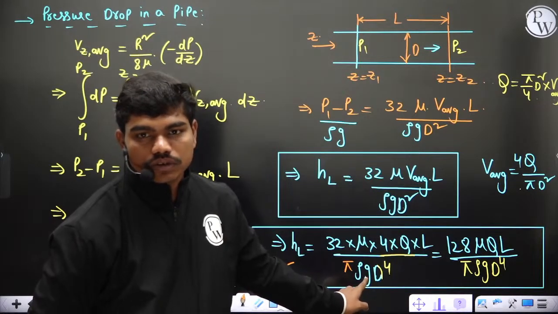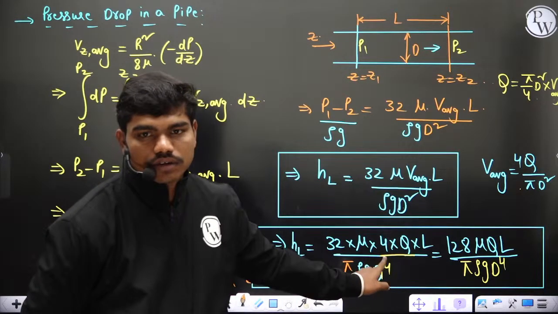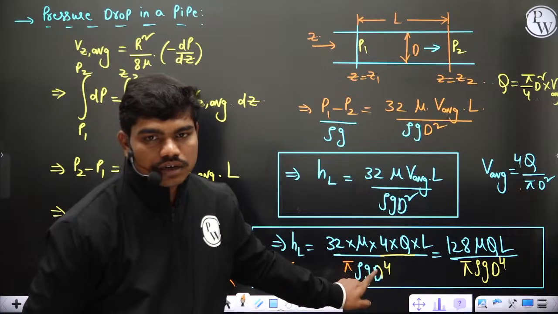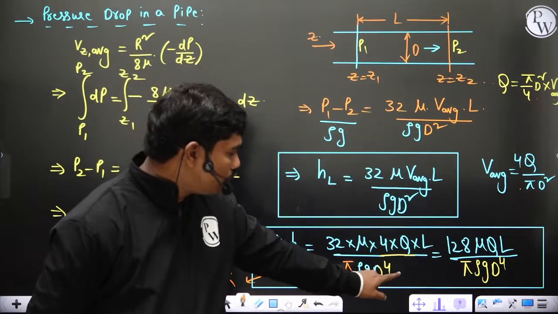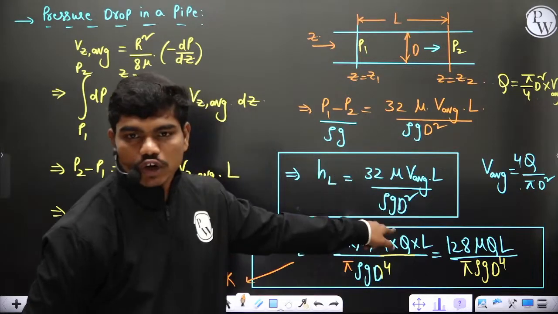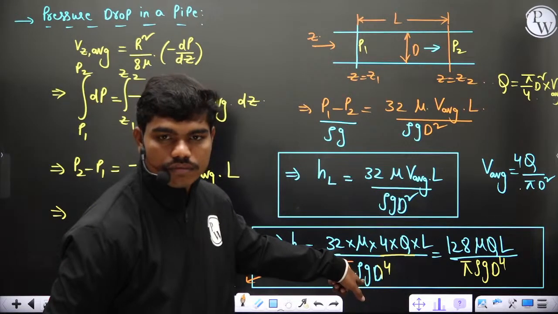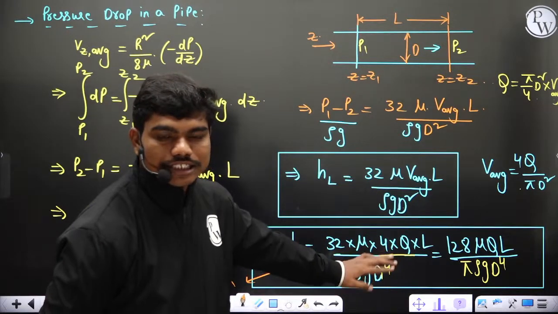Yes or no? This is 4, correct? From this analysis, from this Navier-Stokes, whatever you have calculated, this is pi rho g D power 4. This is clear.